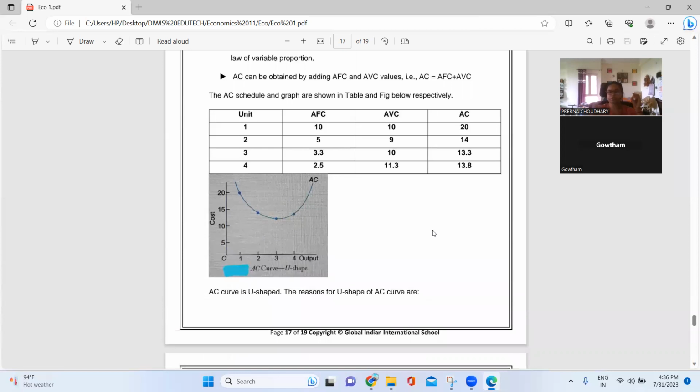So we have units, AFC, AVC, AC. How have they gone with the AFC? It's the TFC divided by units. How have they gone with AVC? It's TVC divided by units.